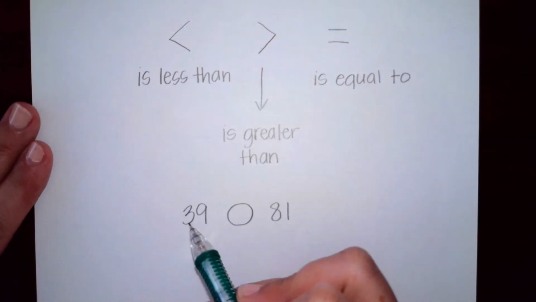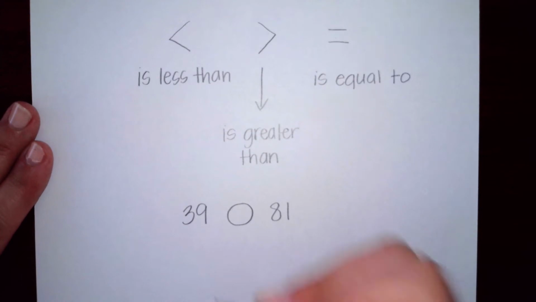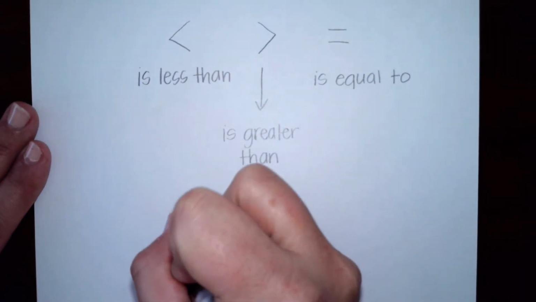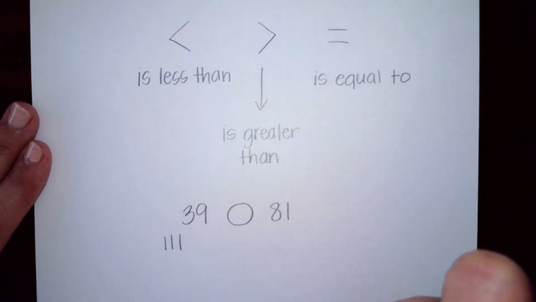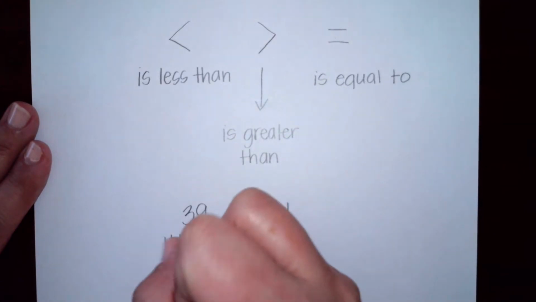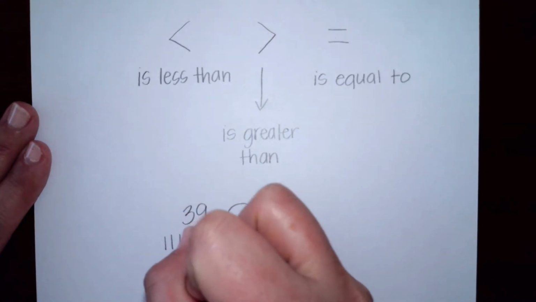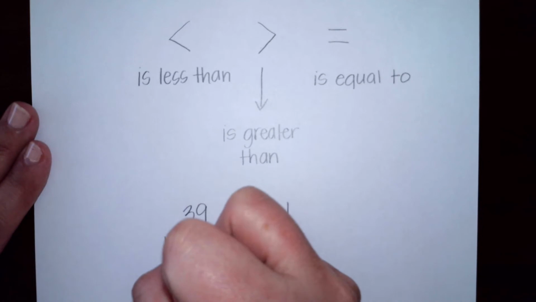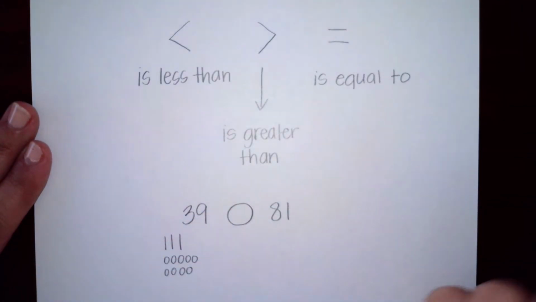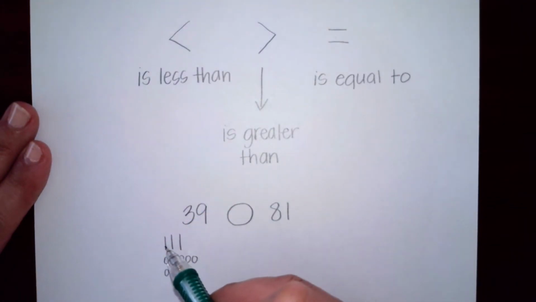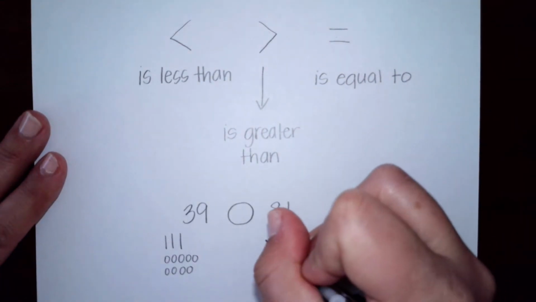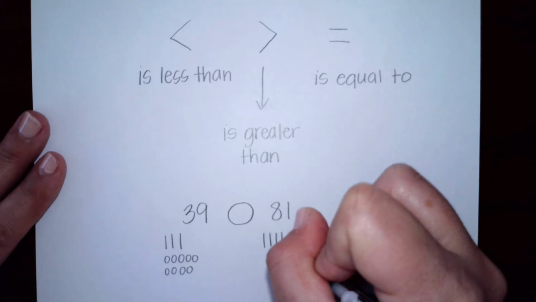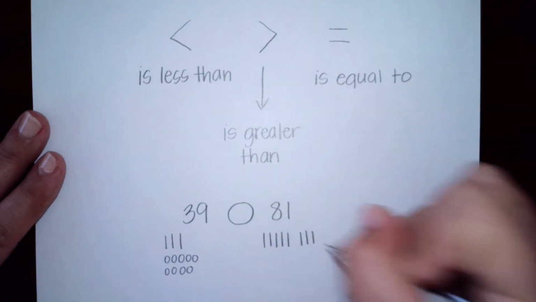So I see the number 39. That tells me that I have 3 tens and 9 ones. 3 tens, 9 ones. And then over here, I have 81. So I have 8 tens.